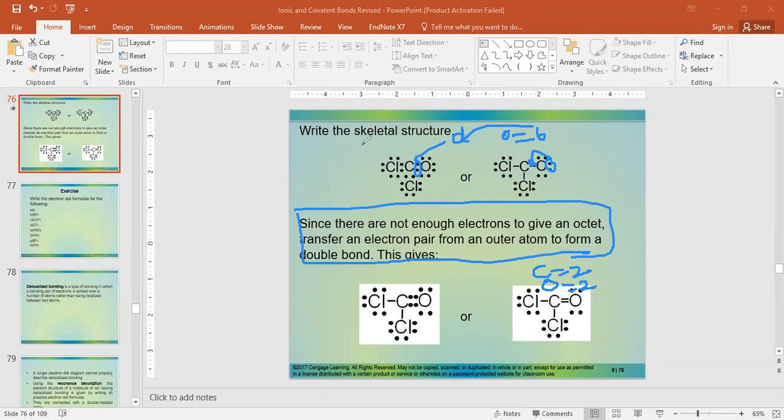What you have here is not the final structure. The final structure is this one here. I don't know whether that is clear now. Anita? Yeah, I've understood that in the first one, we are just aiming at obtaining an octet structure for the outer atoms only. Okay.